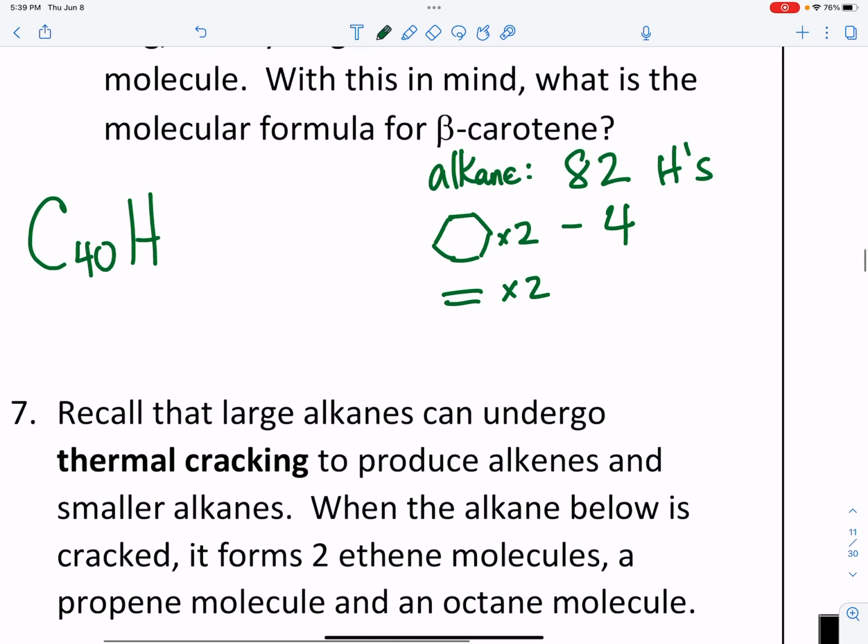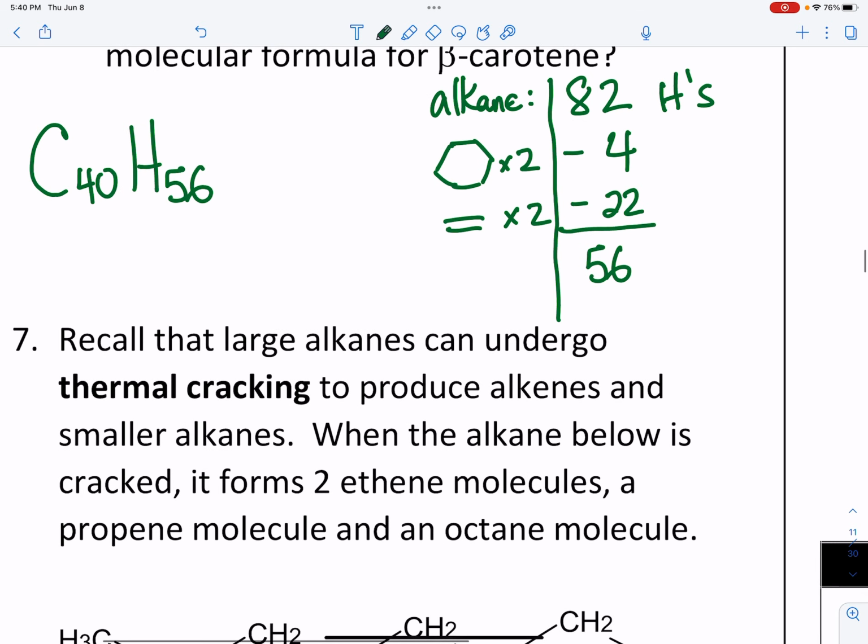So therefore, 11 times 2, we're going to lose 22 hydrogens because of the double bonds. So based on this, 82 minus 22 would be 60, and then minus 4, there should be 56 hydrogens in the molecule. Its formula is C40H56.